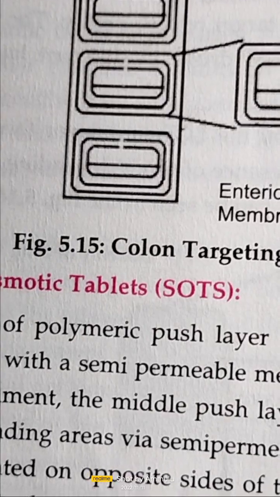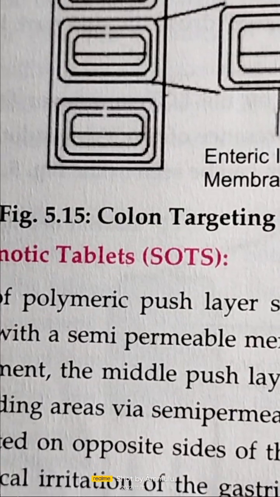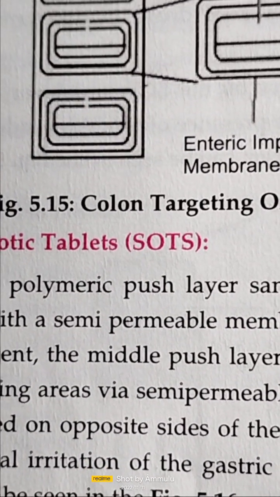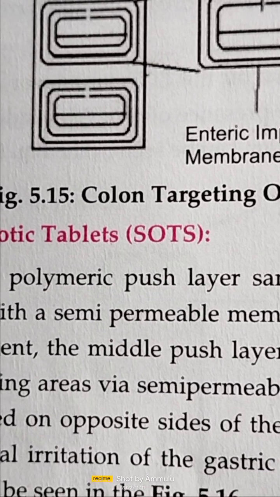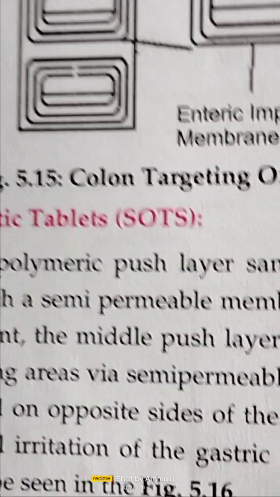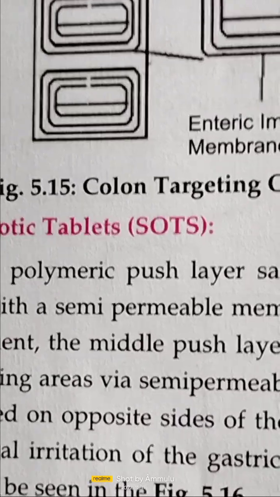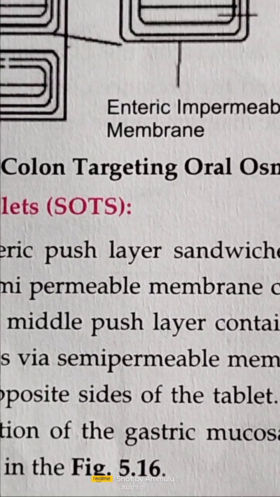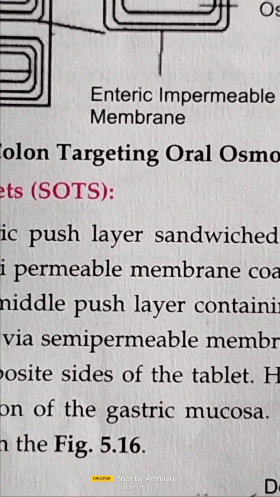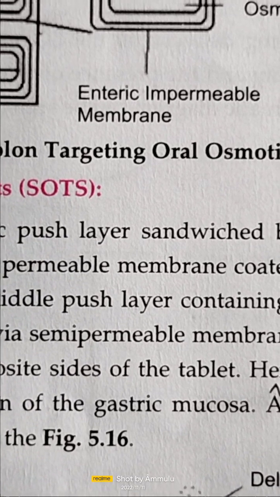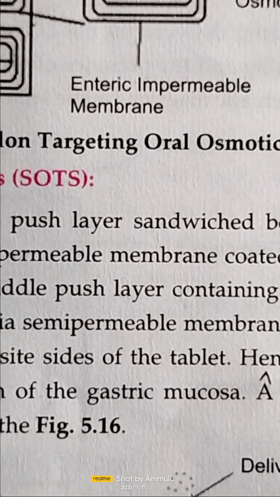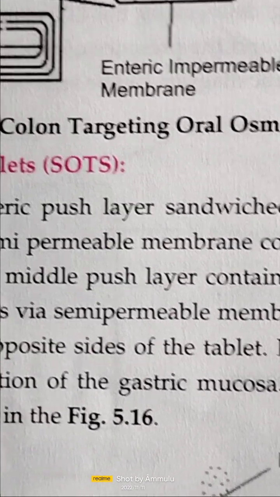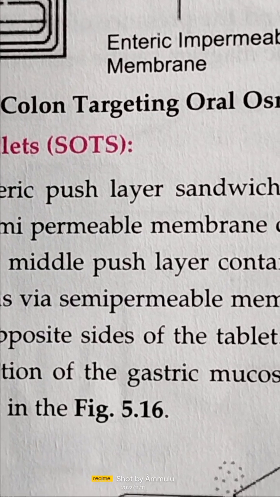And sandwiched osmotic tablets. It is composed of a polymeric push layer between two drug layers, with two delivery orifices. That's why it is named the sandwiched osmotic tablet. When this tablet is placed in an aqueous environment, the middle push layer containing the swelling agent imbibes water from the surrounding area via the semi-permeable membrane.